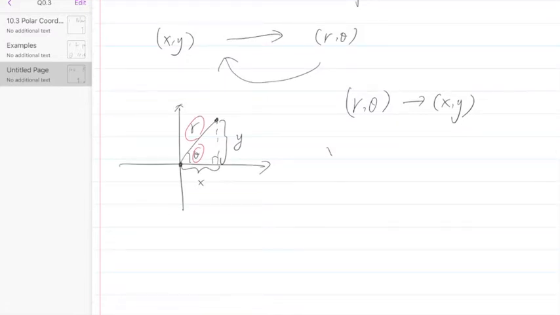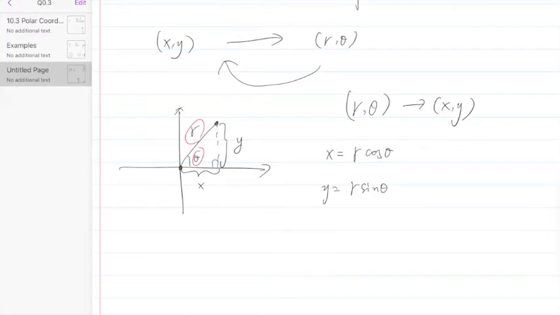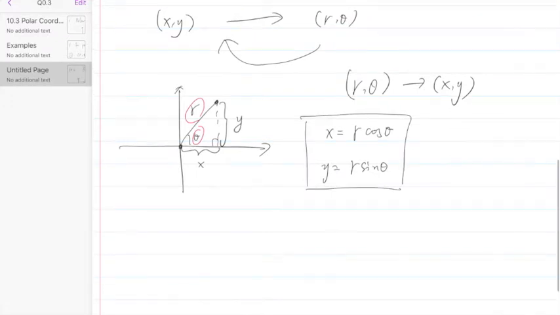Okay. Assuming you already know r and theta. From here you can see you can easily use trigonometry to tell people your x is going to be r cosine theta and your y is going to be r sine theta. Okay. So to transfer from r theta to the original x and y, this will be the formula you are looking for. It's all thanks to this triangle here.